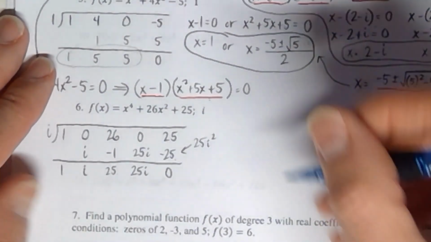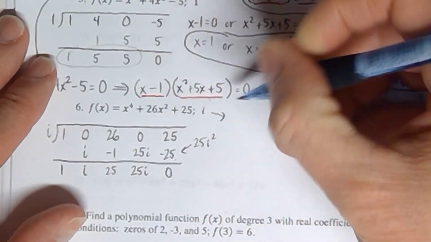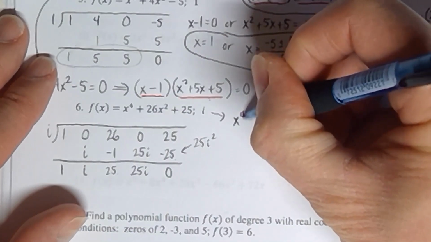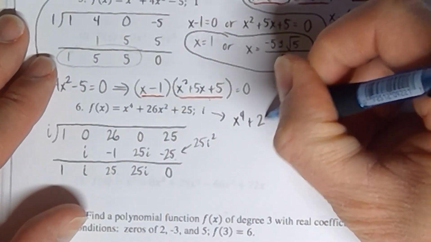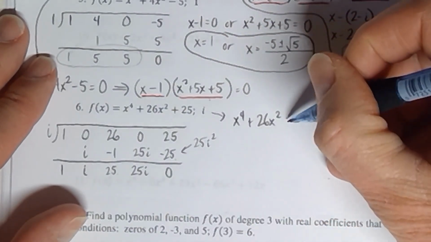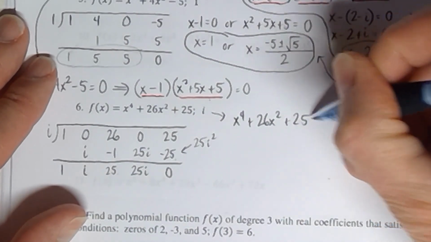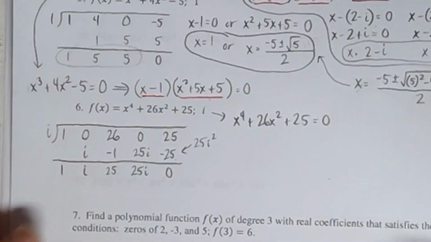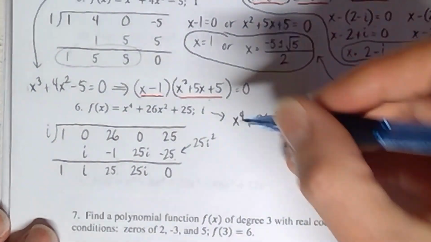So, setting this thing equal to 0, like we do here when we are trying to find the zeros, and then factoring the non-zero side, we end up getting what?